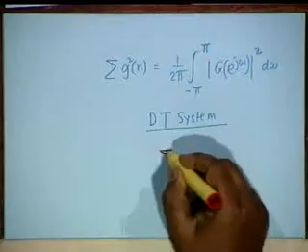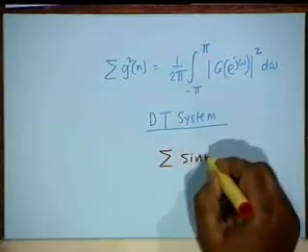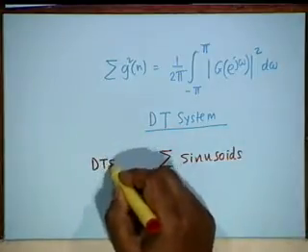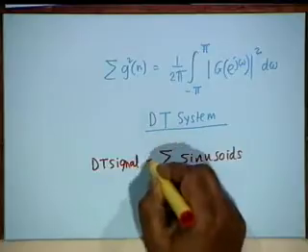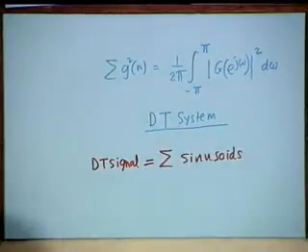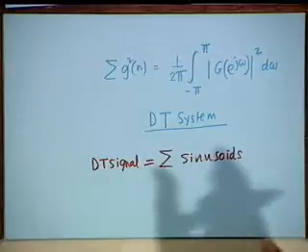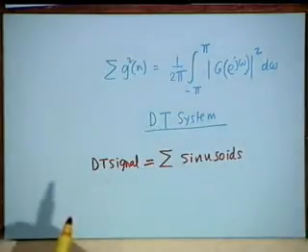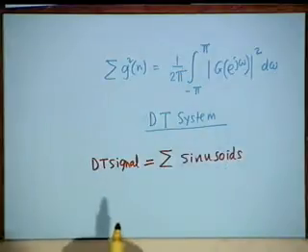But it can also be looked upon as a continuum of sinusoids, and therefore any signal, be it continuous time or discrete time, can be thought of as superposition of sinusoids. Any discrete time signal can be thought of as a superposition of sinusoids. The separation between two adjacent sinusoids may be infinitesimally small, d omega. That is why we use that integral. Okay?